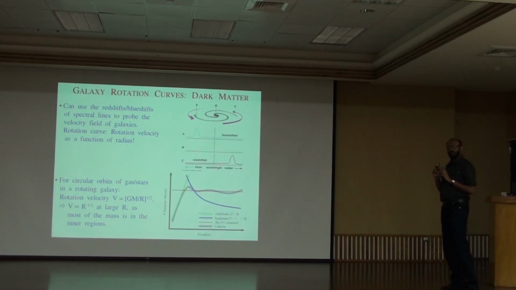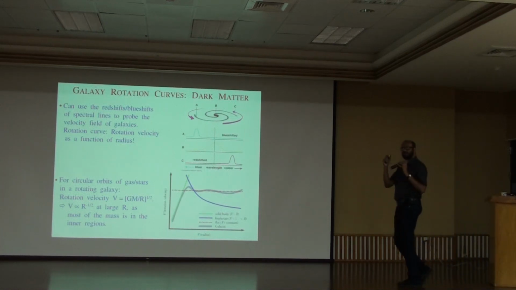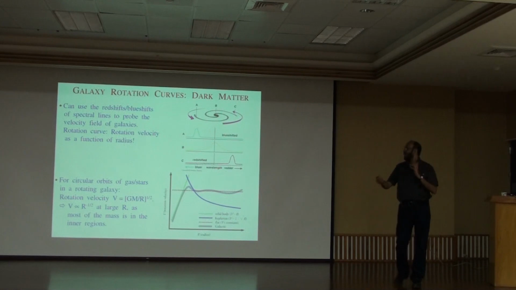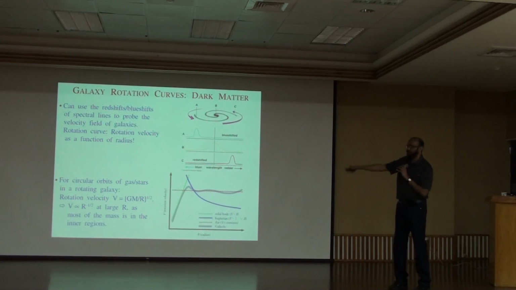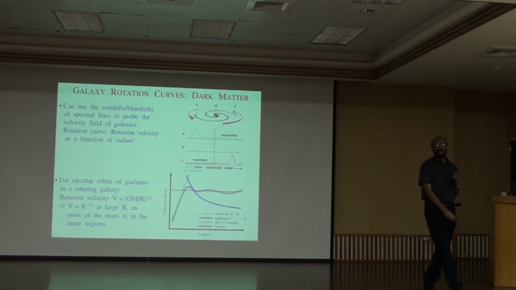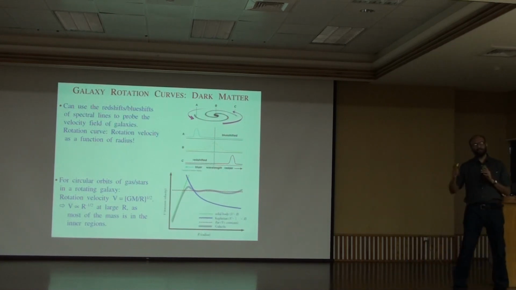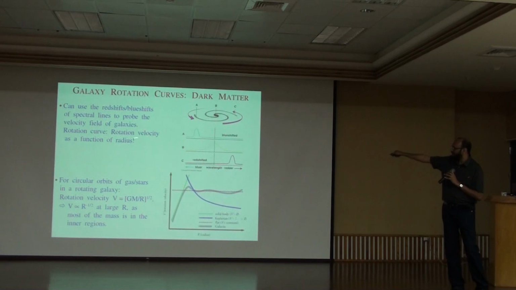So I can do now what is called, I can measure the velocity field of the galaxy. I can measure the velocity at every different point in the galaxy and get the velocity field. And that velocity field for the rotating galaxy is called the rotation curve. It's the rotation velocity as a function of radius.